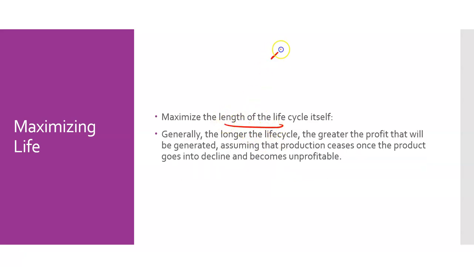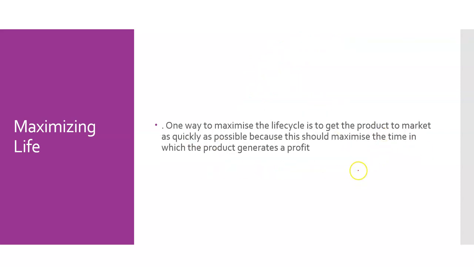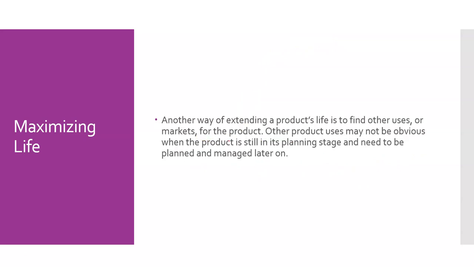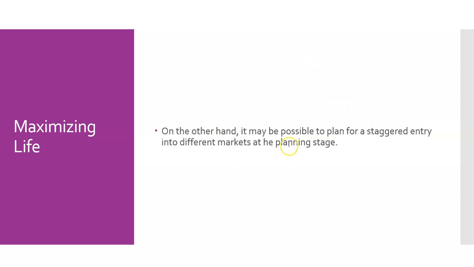If we can stay at maturity and in growth for a long time, that's what we want, isn't it? Because once the product goes into decline, it technically becomes unprofitable. We've talked about getting the product to market quickly, and looking for other strategies to use the product in other ways, and as part of combinations with other products.